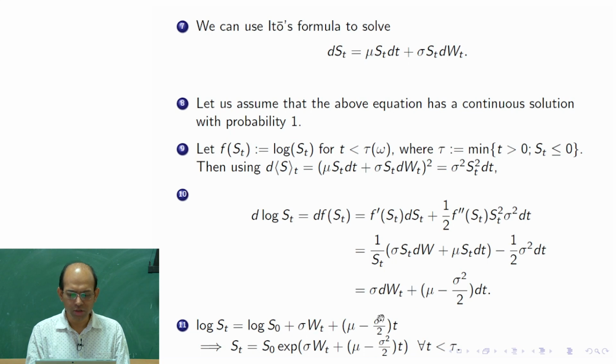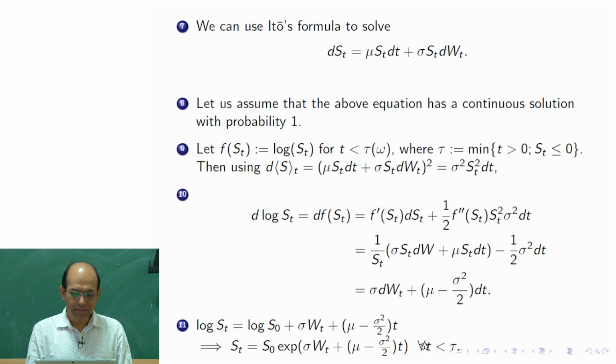Integration of this is just the constant mu minus sigma squared by 2 times t, and now I take the exponential of both sides. So, S_t is equal to S_0 times e to the power of sigma W_t plus mu minus sigma squared by 2 times t.